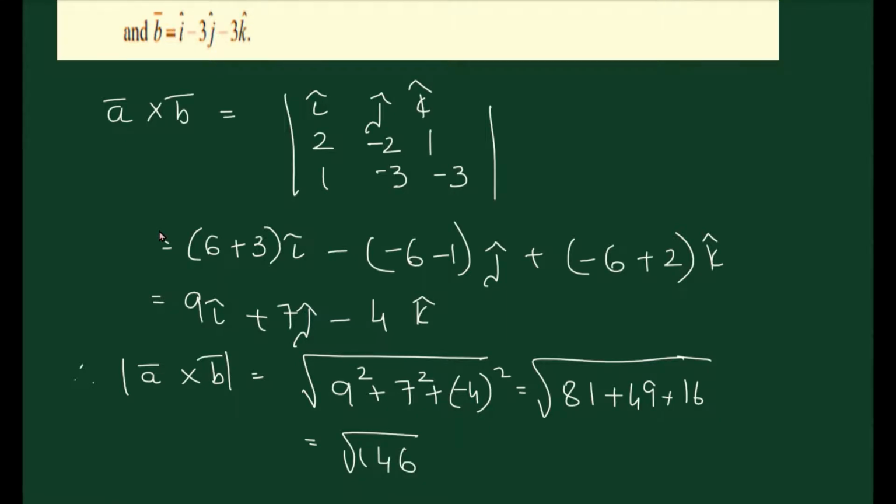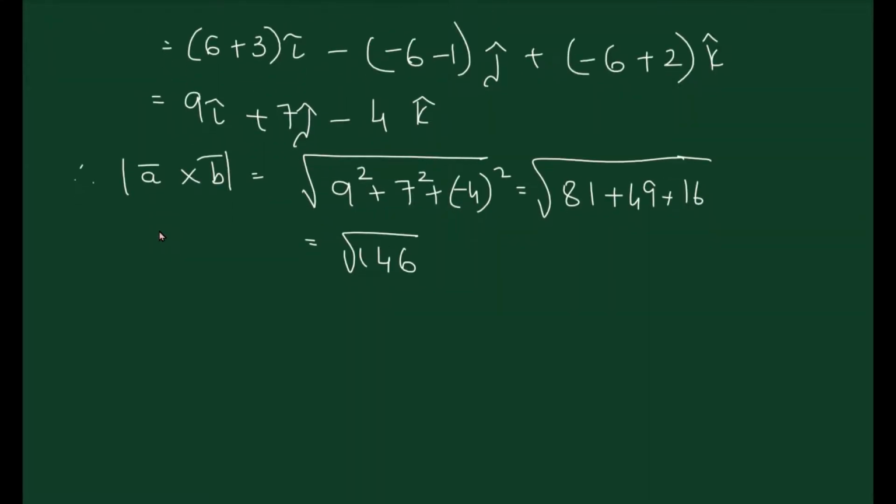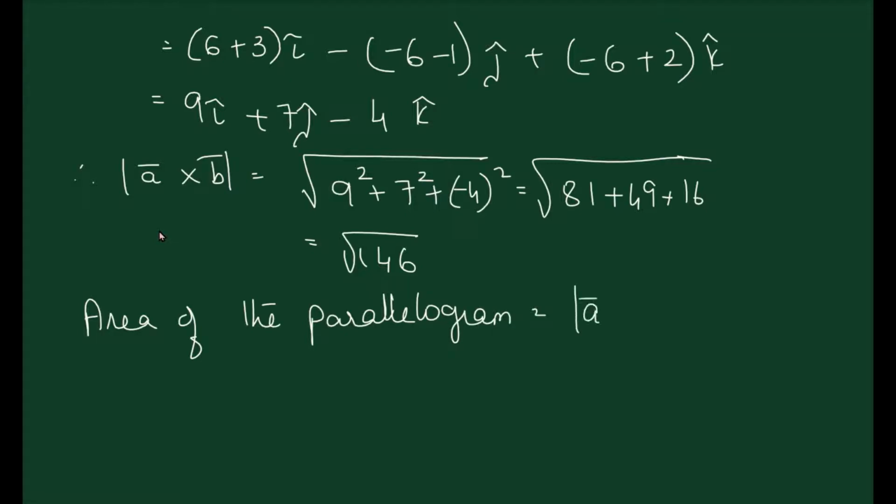So, area of the parallelogram is given as mod A cross B, which is root of 146.